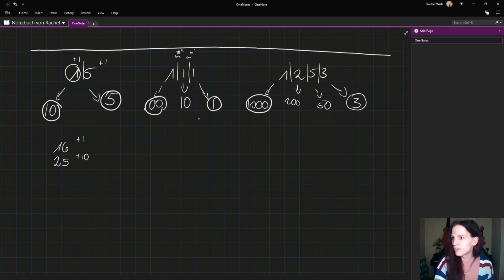The same here: 112 is plus 1, 121 plus 10, and 211 plus 100.